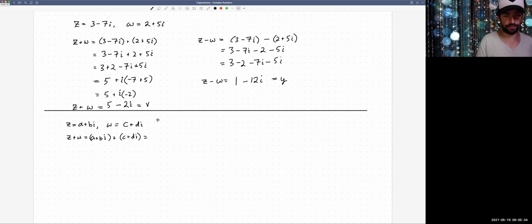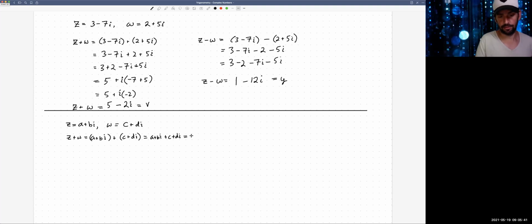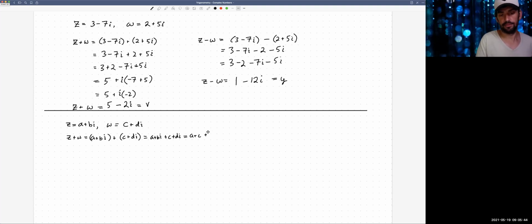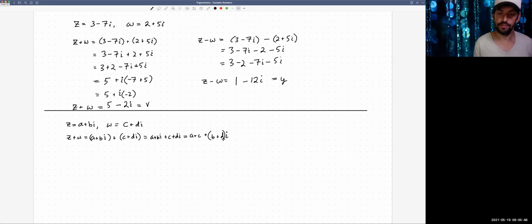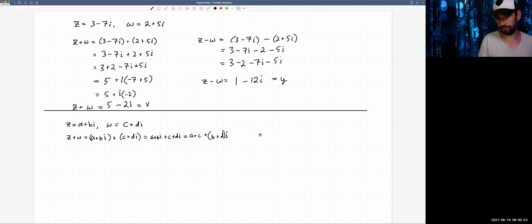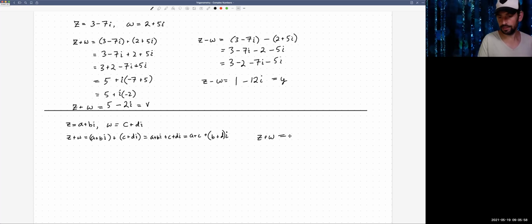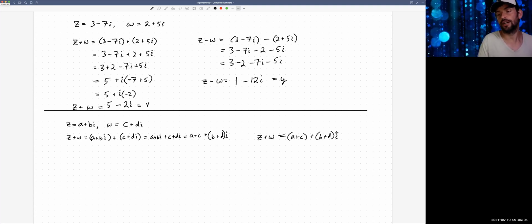This is going to be equal to a plus bi plus c plus di, or (a plus c) plus (b plus d)i. Oops. Okay, so again, we can just shorten this. The rule looks like this. z plus w is going to be (a plus c) plus (b plus d)i. It's just what we did above with symbols.